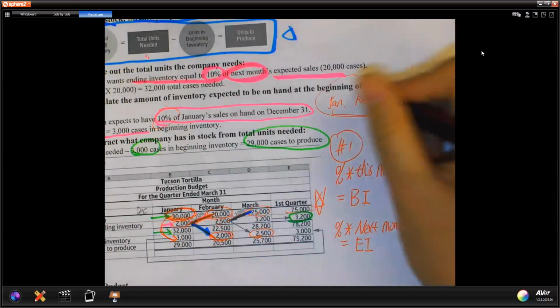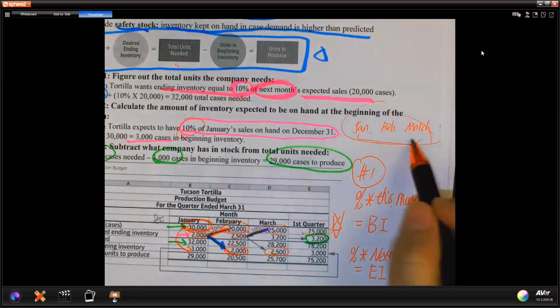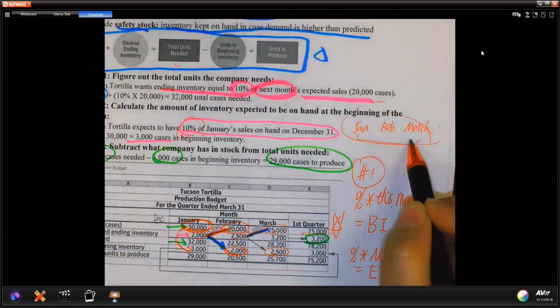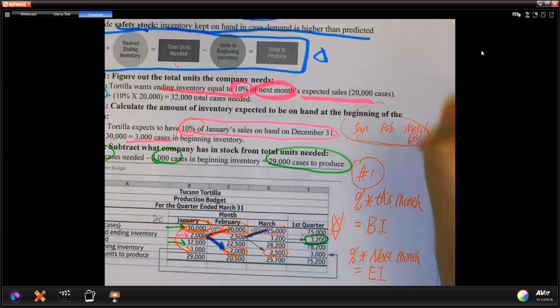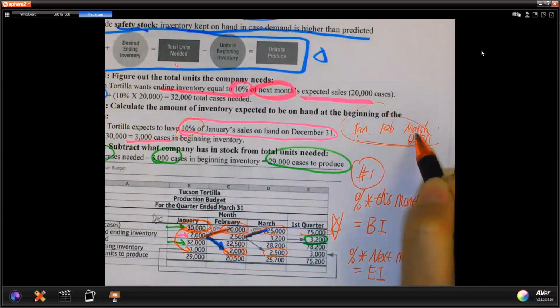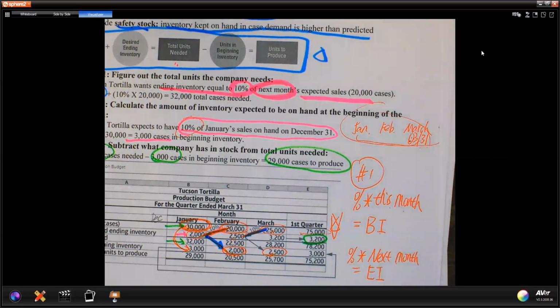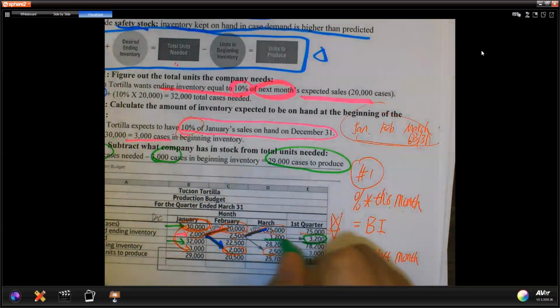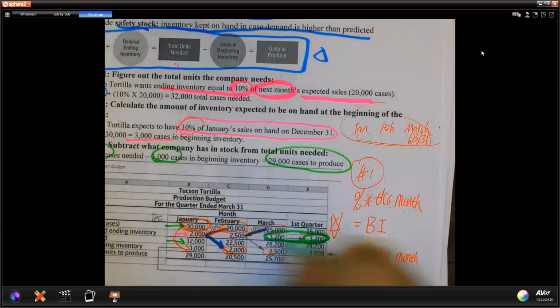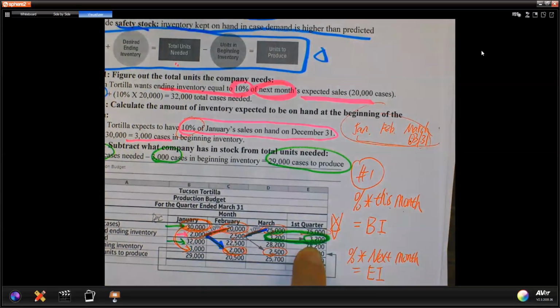Your first quarter ending inventory will be the ending inventory of March. So March 31st is the ending inventory of March, but also the ending inventory of your first quarter.